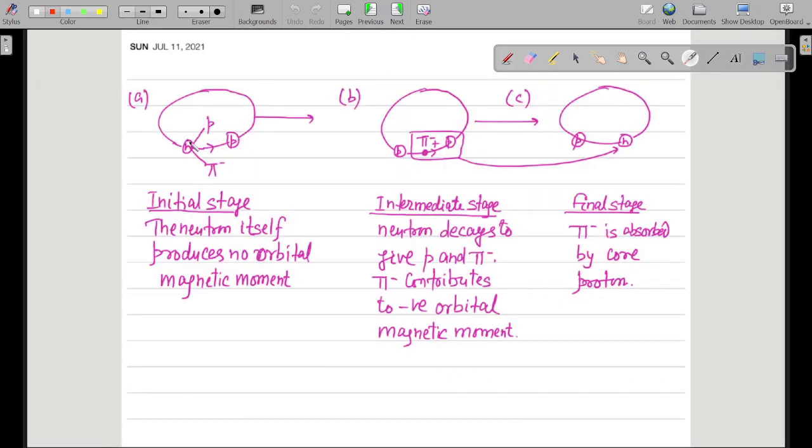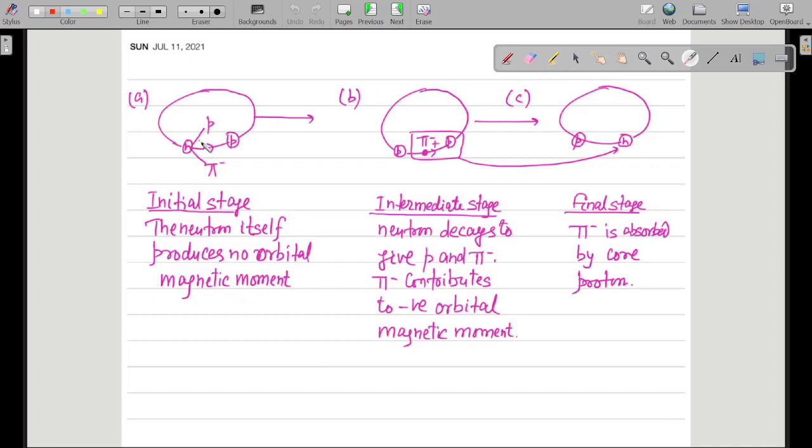Now let us understand with the help of this particular figure. This is Yukawa's meson field theory, and this is how Yukawa's meson field theory explains the magnetic moment of the neutron. How does it explain it?